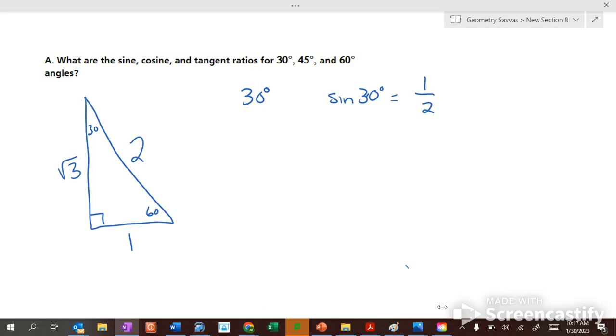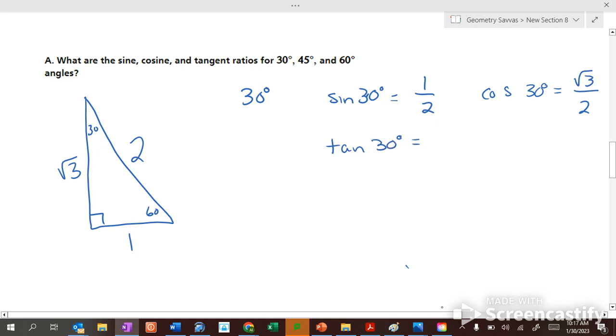What's the cosine of the 30-degree angle? What's adjacent to my 30-degree angle? Square root of 3. What's my hypotenuse? 2. What's the tangent of a 30-degree angle?